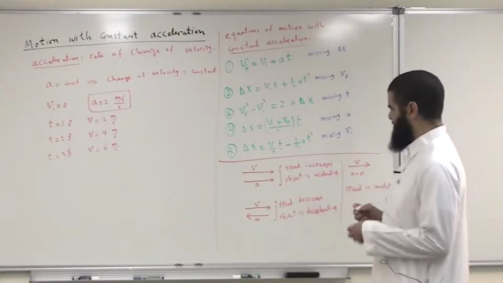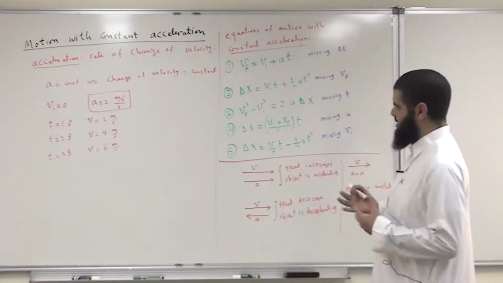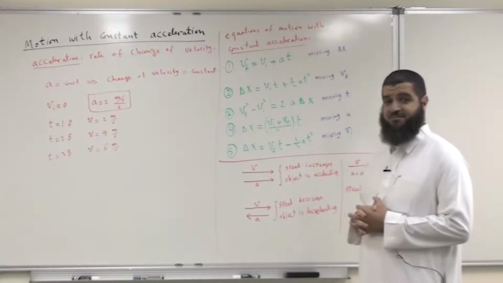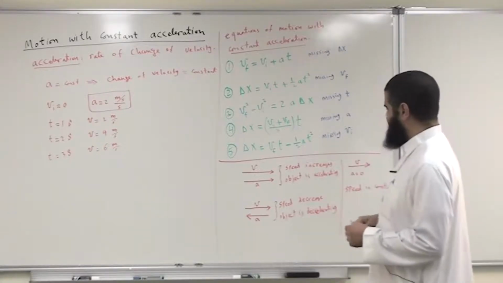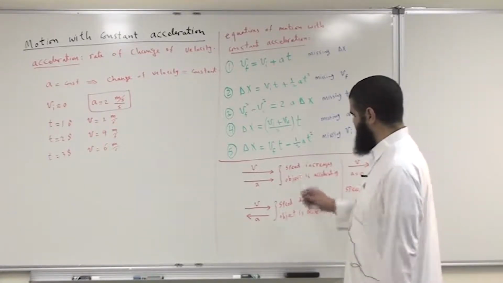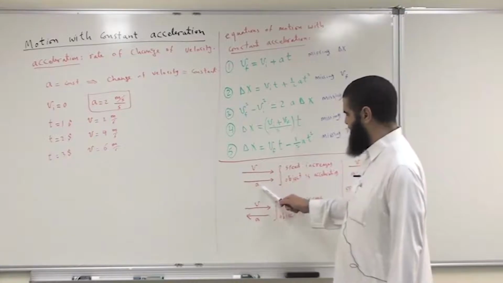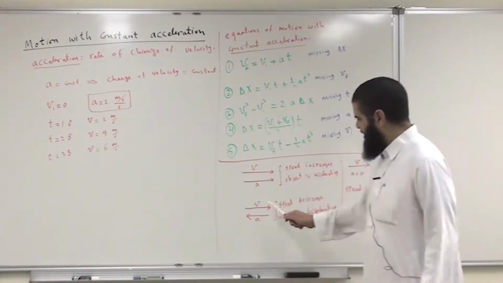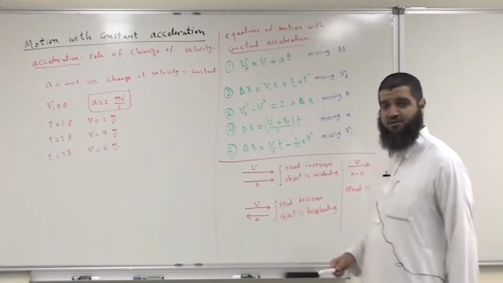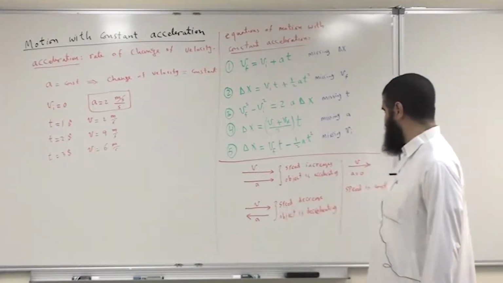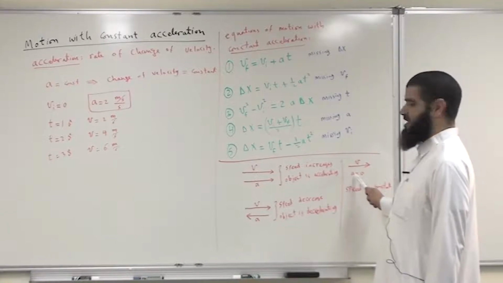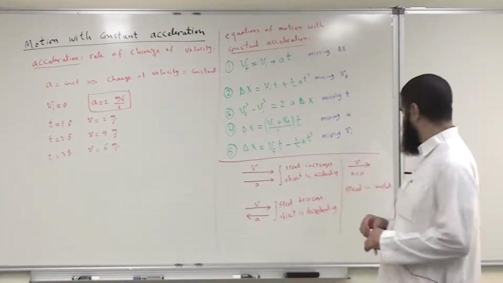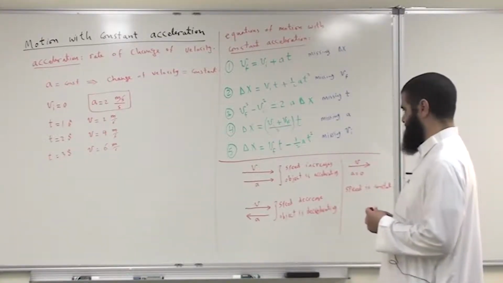So these are 3 cases, and we have to be always noticing this. If the velocity and acceleration are in the same direction, the object will be accelerating. If the velocity and acceleration are in opposite directions, the object will be decelerating. If the acceleration is equal to 0, the velocity will be constant.